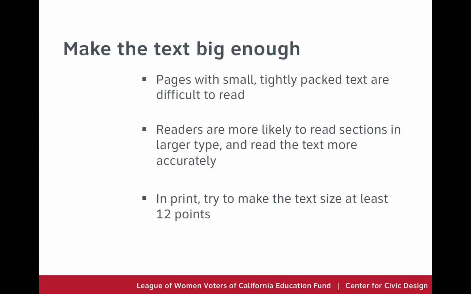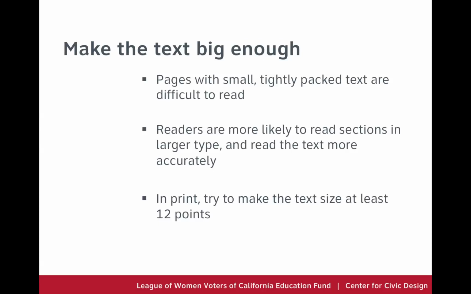We all know that idea about small print at the end of legal contracts and the like. Pages of small, tightly packed text are just impossible to read, and they get more and more difficult to read if you're a low literacy reader. So we know that our readers are more likely to read larger text as it goes. It's just easier for all kinds of readers, including the general population.